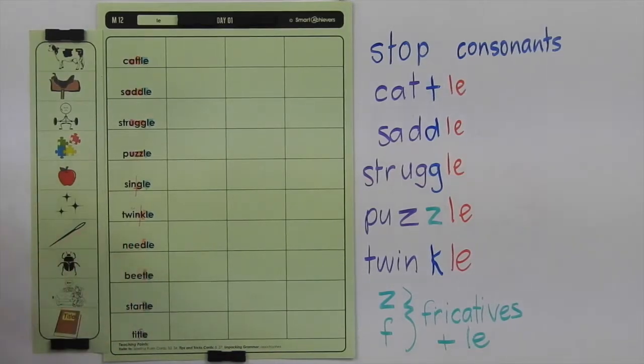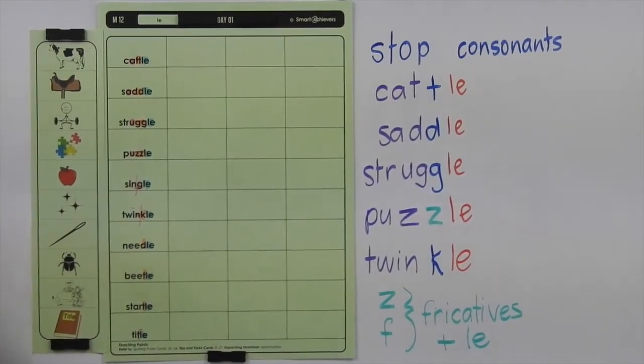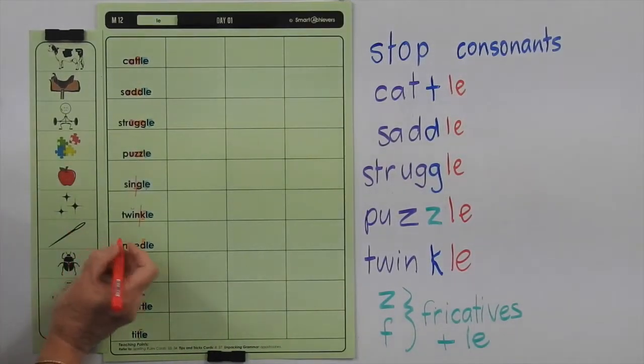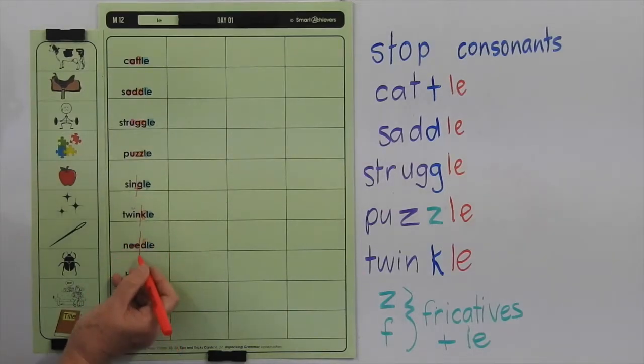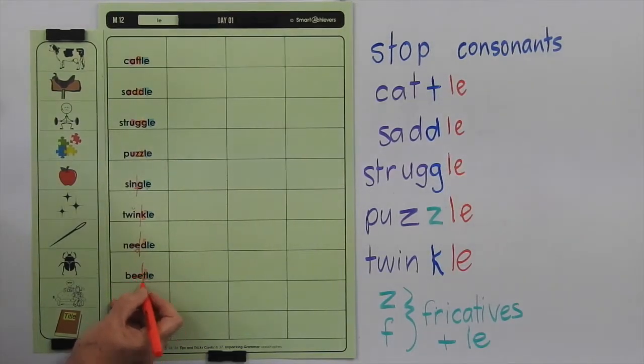Now here we've got long vowel sounds, so we need a different colour. We've got a long vowel sound in needle, so we only have 1 consonant after it, and we'd split it there after the long vowel sound. We leave the syllable open. We've got 2 E's there making the long E sound, so it's a long vowel sound, so we leave the syllable open. We don't close it with a consonant.